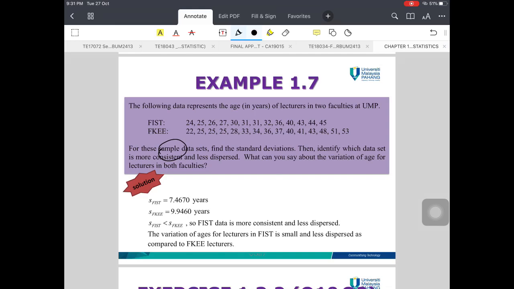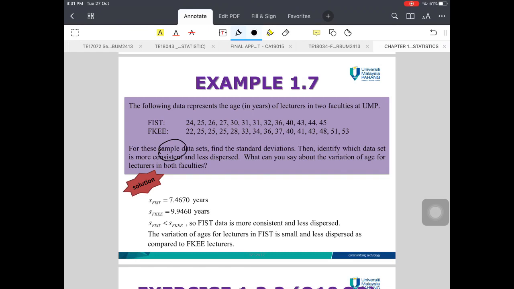So we can calculate our standard deviation, maybe directly from our calculator. Standard deviation for FEES is 7.4670 years, FKE 9.9460 years. Do take note, do pick the correct one.